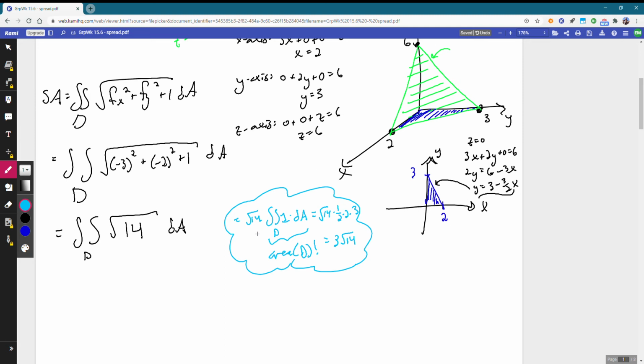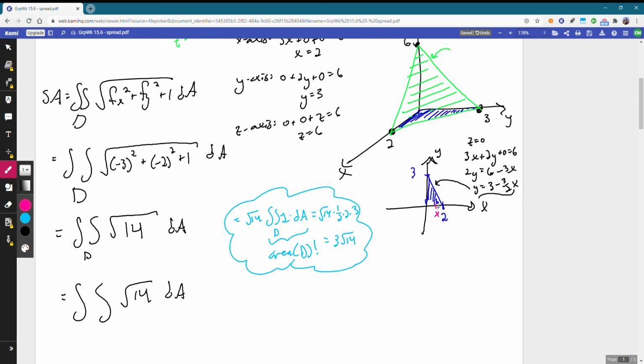If we didn't spot that, it is possible to work through this integral as we would usually. We just have to set up our limits of integration. Here we can either set x, move y, or set y, move x. I'm going to think about setting x and moving y. So we set x, then move y.